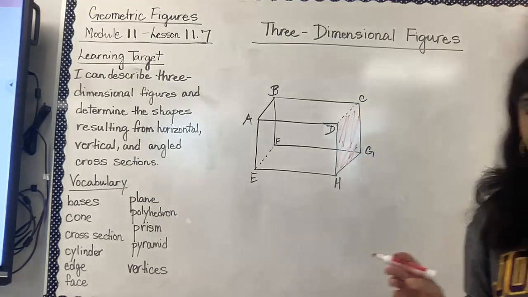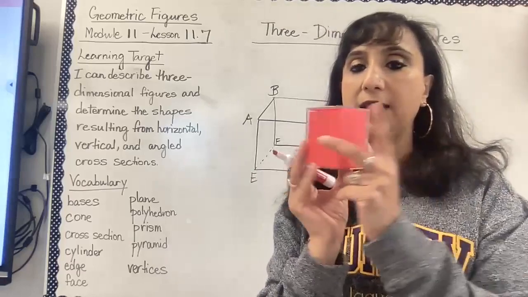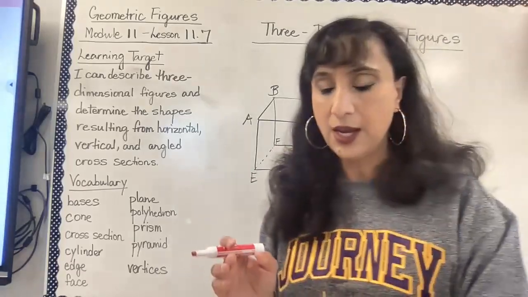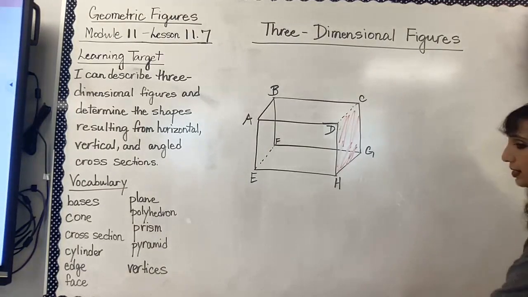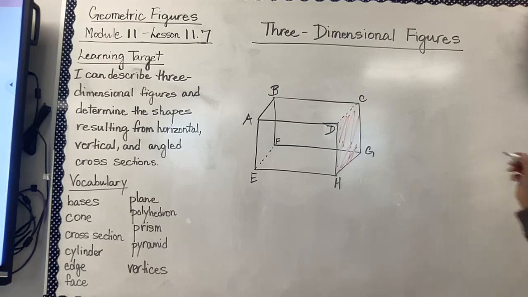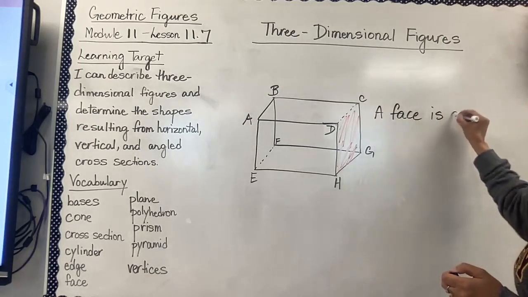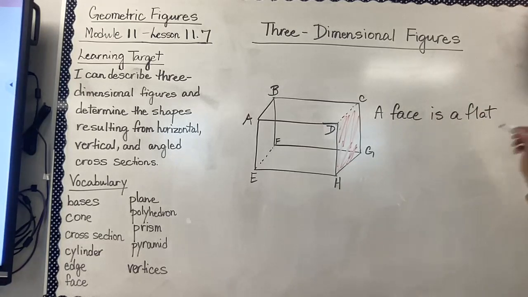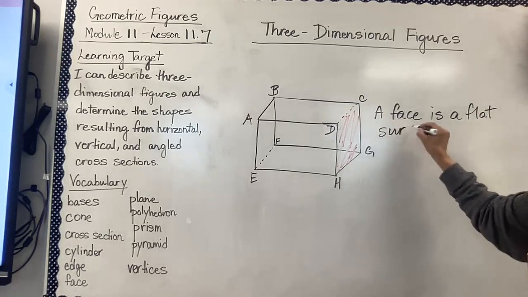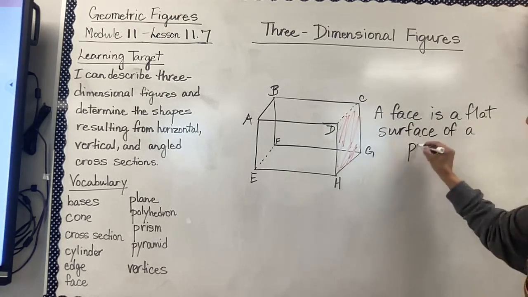This is nothing but this part, the side. What is this part? This is called the face of a prism. So a face is a flat surface of a polyhedron.